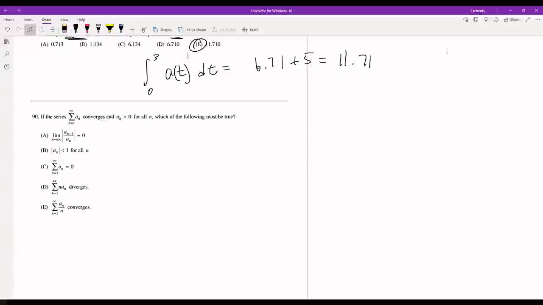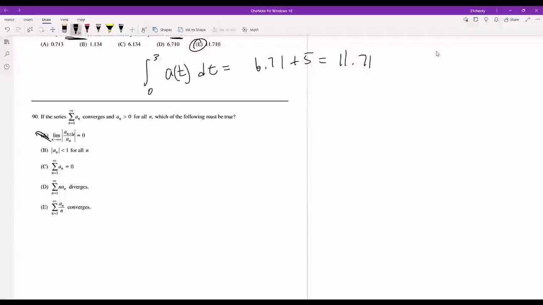That is not necessarily true. We know the series converges, so all that needs to happen to satisfy the ratio test is for this to be less than 1. Since this is saying equal to 0, it could be equal to 0, but it doesn't have to be, so A is not right.